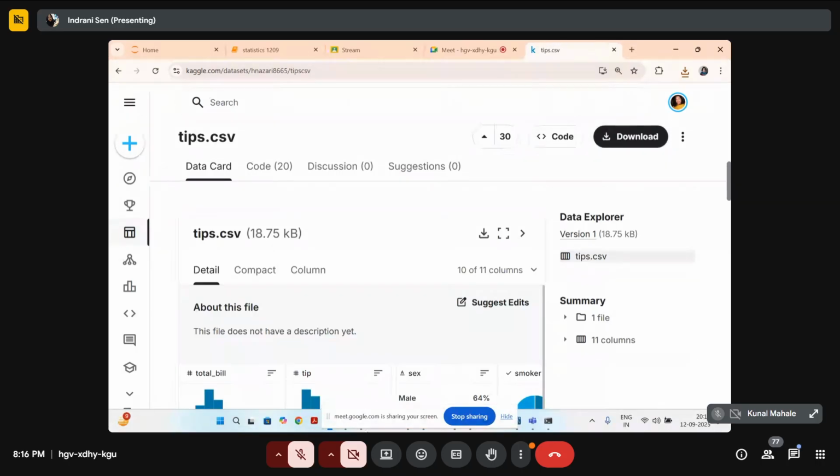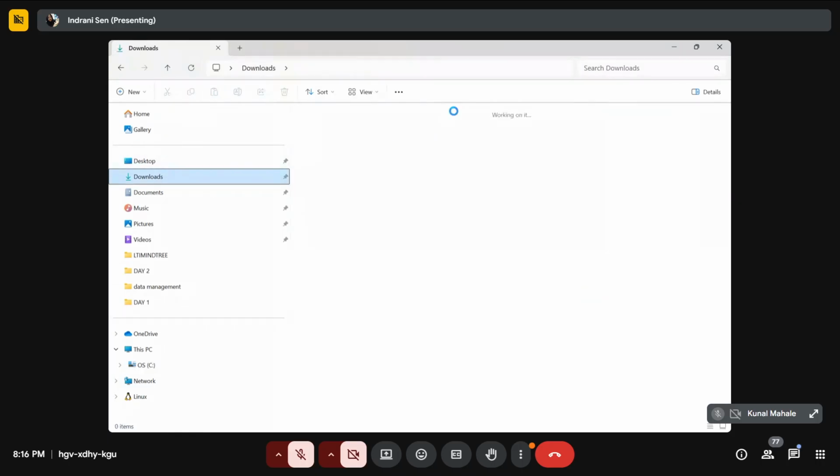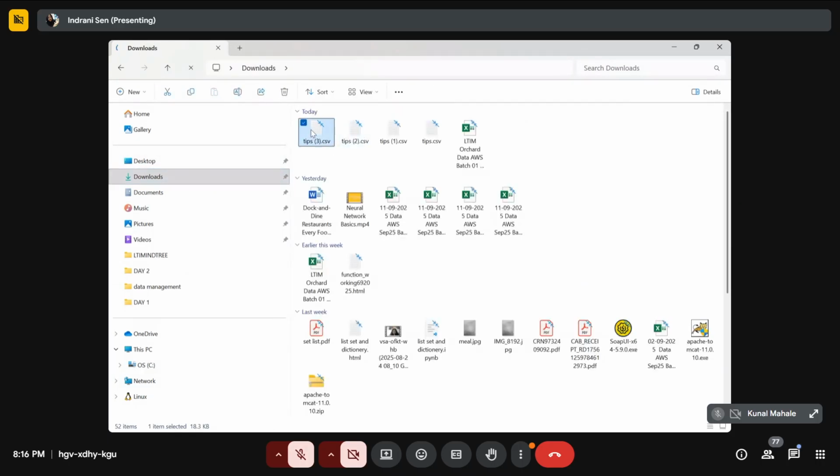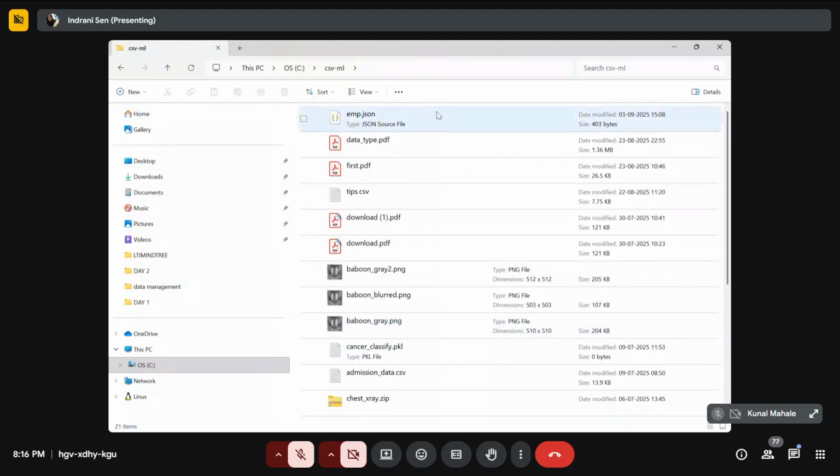So if you downloaded it, then it is going to go to downloads, I suppose. Like it is coming here. So do that. Create a folder in C drive because we are going to work with more data files. And here, click on a folder called data or CSV and store the file over there.